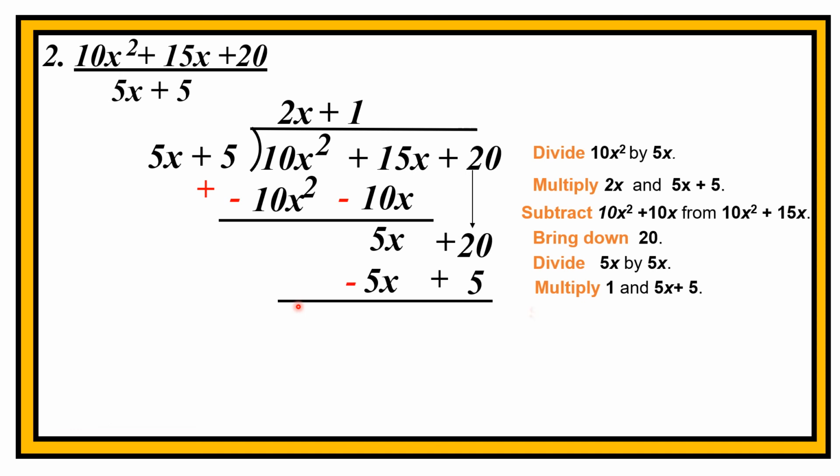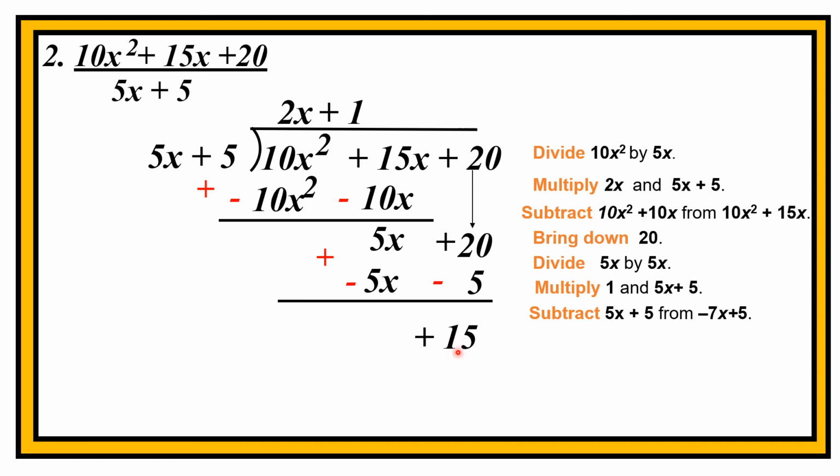Okay, so from positive, magiging negative. Then from ito, positive, magiging negative. Then proceed tayo sa addition. So 5x plus negative 5x, so this will be 0. Then positive 20 plus negative 5, the answer is positive 15.